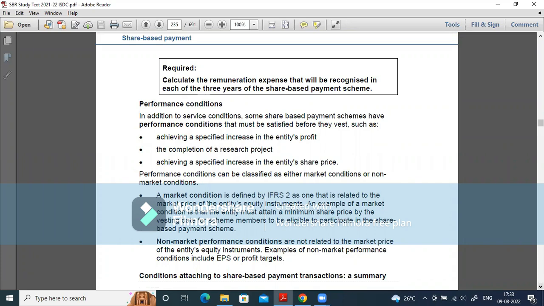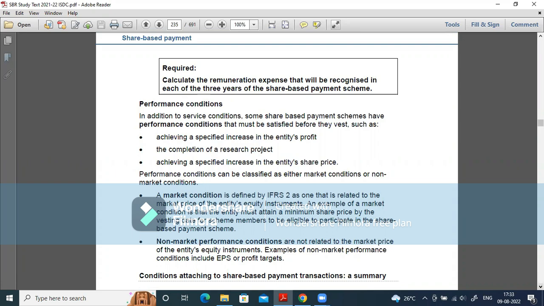This is share-based payments. Yesterday we discussed share-based payments, and we started with equity settled transactions. Normally in case of equity settled transactions, we'll be considering two major things: whether the transaction is related with employees.